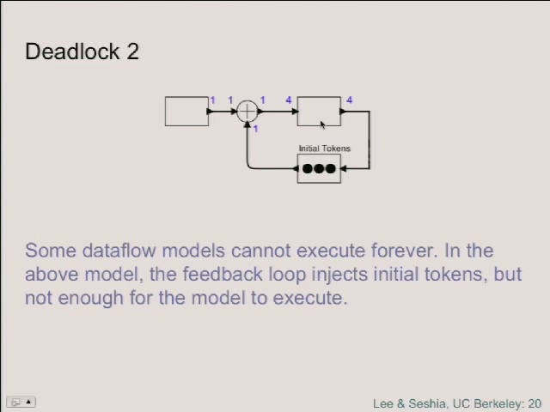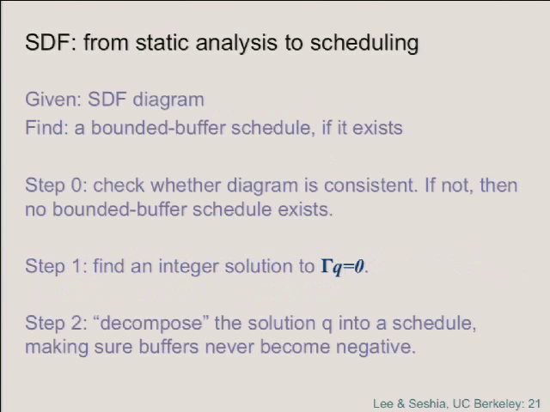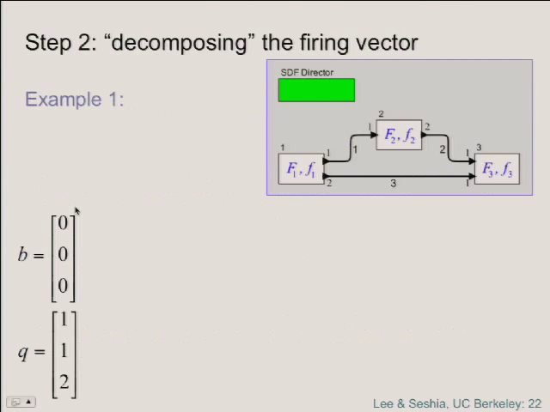But a simple algorithm just says, we keep track in a vector of the sizes of the buffers. For this example, let's assume that there's no initial tokens on the buffers. And our solution to the balance equations is given here. For an inconsistent model, we immediately know that there is no unbounded execution that uses a bounded amount of memory.